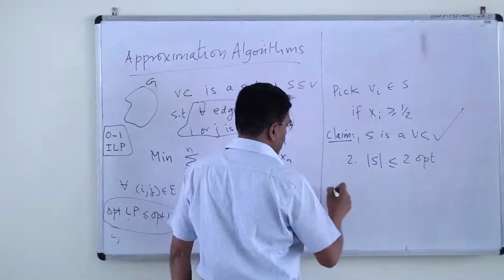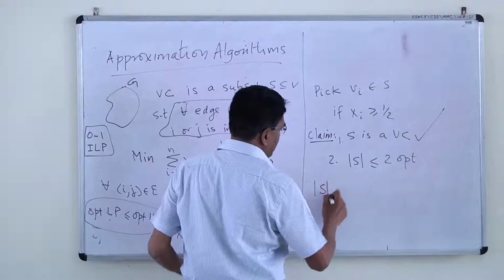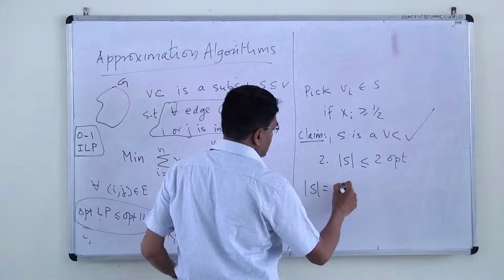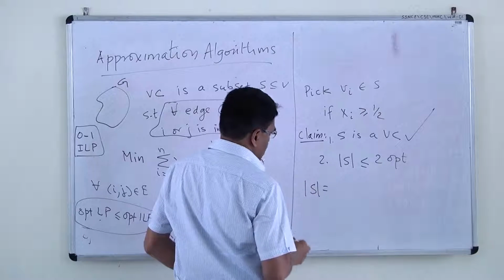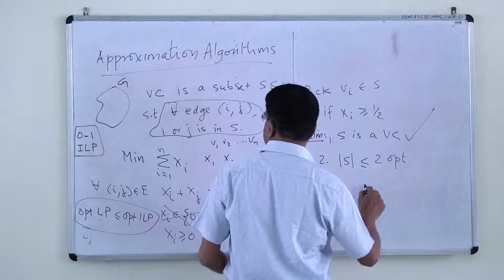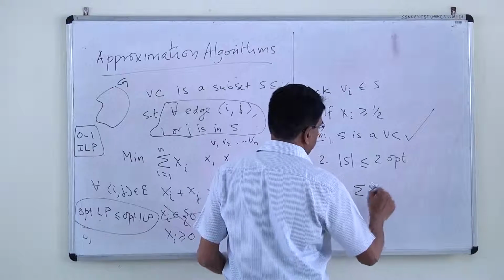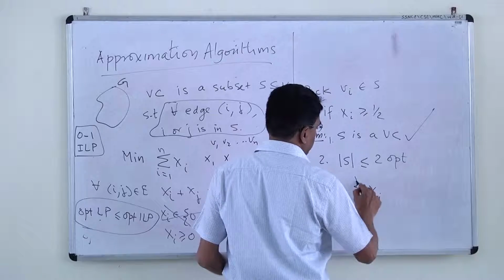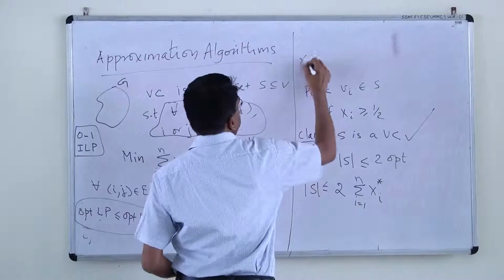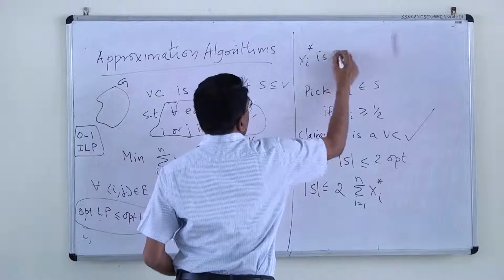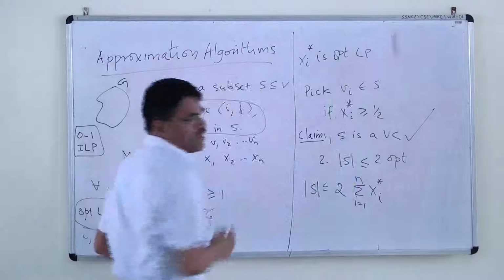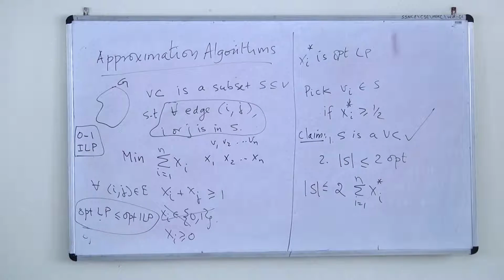The second proof: how many vertices have I picked? Well, the cardinality of S is at most 2 times the summation of xi from i equal to 1. Suppose xi star is the optimum of the LP, and I pick it into the set if xi star is greater than or equal to half.